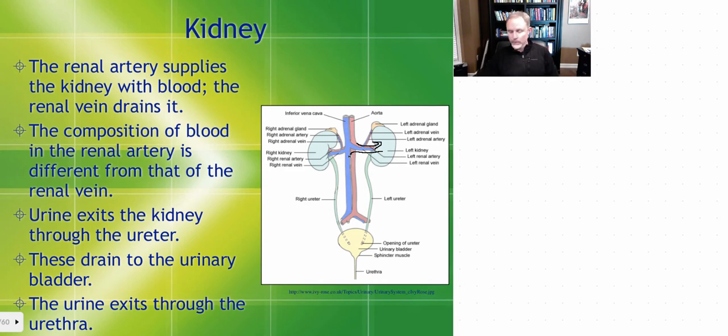And then during the process of filtration here, you've got the good stuff being selectively reabsorbed, and then the urine that's being formed is going to travel down the ureter to the urinary bladder, and then it's going to be excreted from the body through the urethra. That would be the opening in the reproductive system, as well as the urinary system.